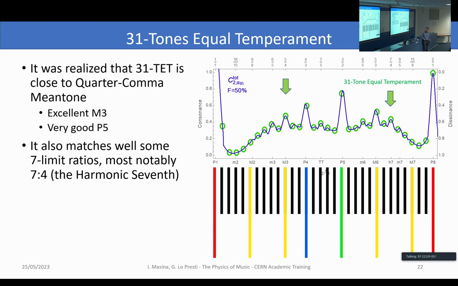But in terms of tuning, just to study the mathematical or physical properties of the tuning itself, you see that indeed the major third is perfect. The fifth, almost perfect, and the fourth as well. And there's also this peak, which is the seventh harmonic, the so-called harmonic seventh, which is the 7 out of 4 ratio, which 12-tone temperament doesn't have.